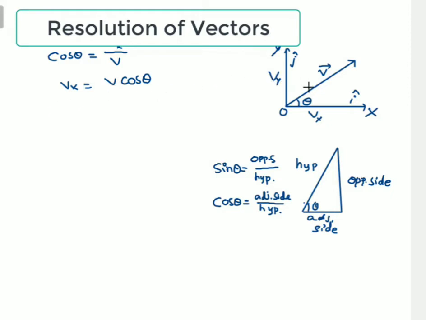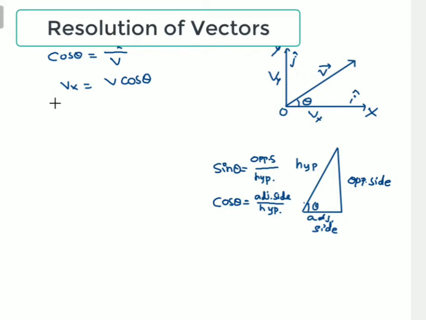Same way, if we go with this vertical component, theta's opposite side will come here, but there is no component here, but this opposite side is exactly parallel to this. So instead of this opposite side, I am considering this parallel component.